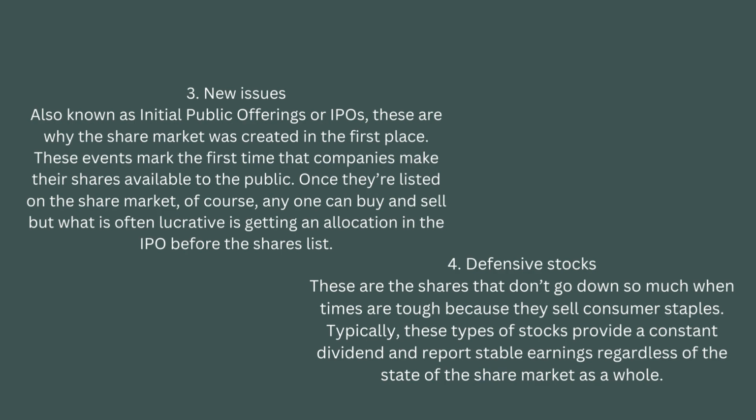But what is often lucrative is getting an allocation in the IPO before the share listing. Then we have defensive stocks. These are shares that don't go down so much when times are tough because they sell consumer staples. Typically, these types of stocks provide a constant dividend and report stable earnings regardless of the state of the share market as a whole. And then we can now go to bonds.